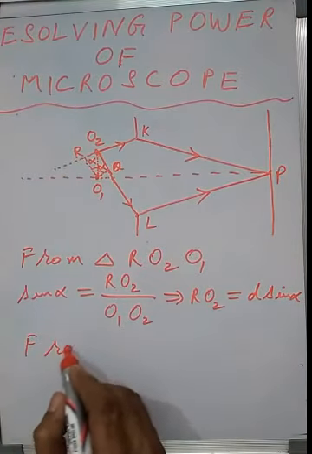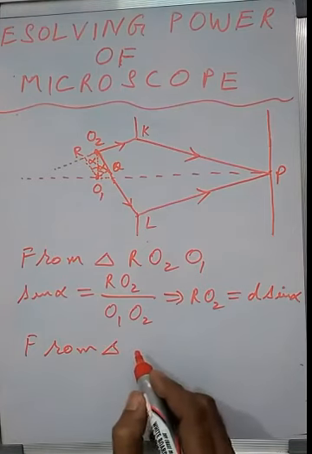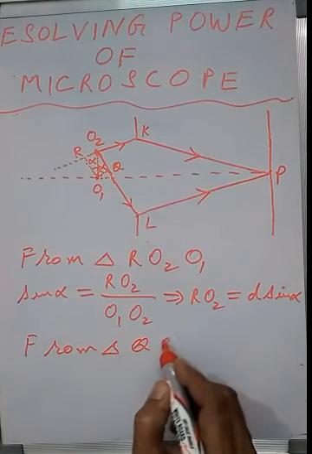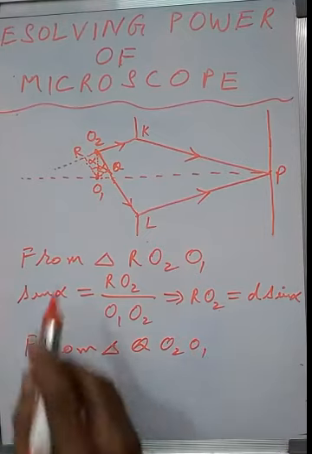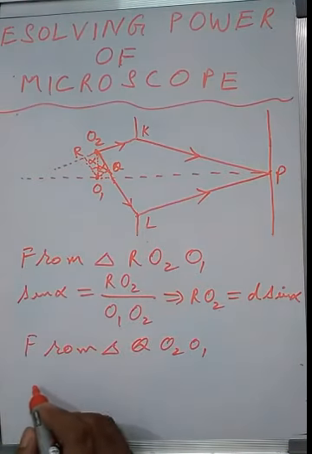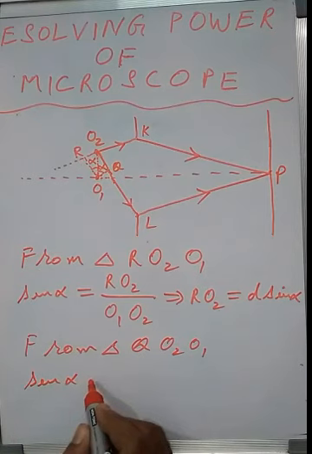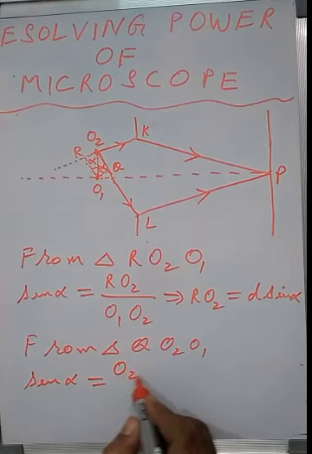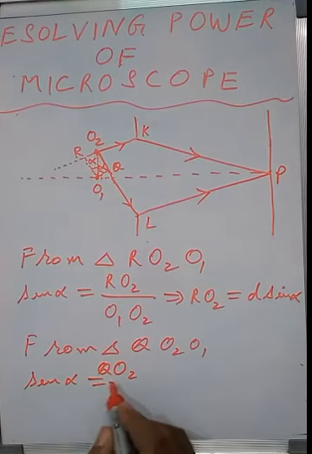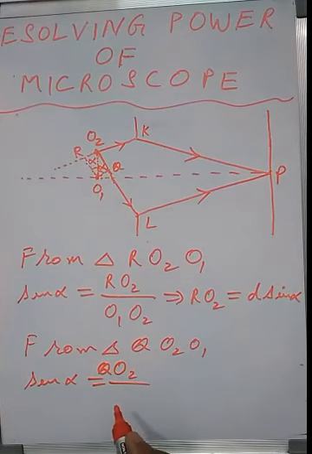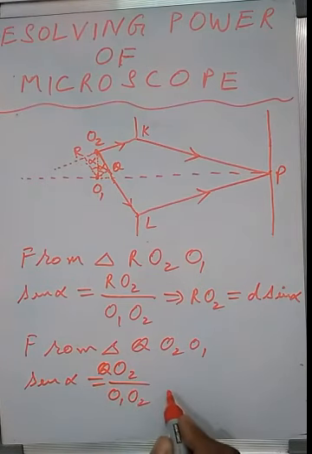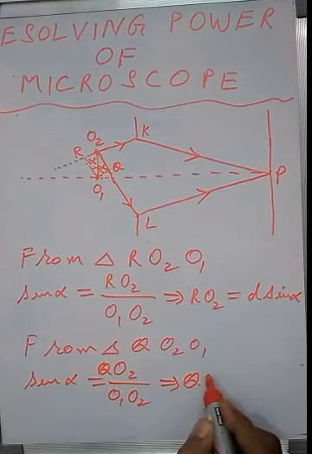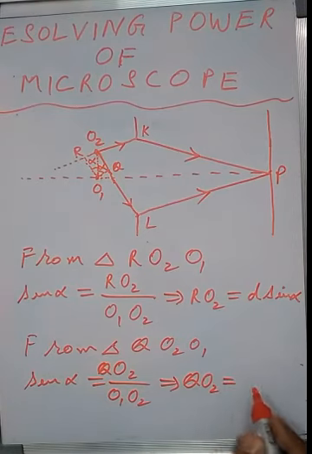Similarly, from the second triangle, that is QO2O1, this one, from this triangle we can write the expression for sin alpha is equal to O2Q divided by O1O2. This will give you QO2 equal to D sin alpha.